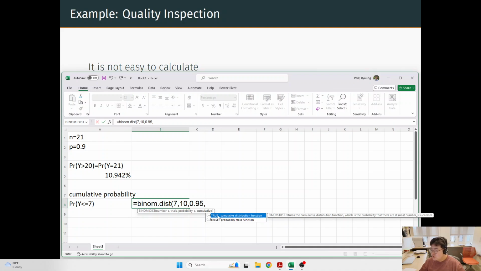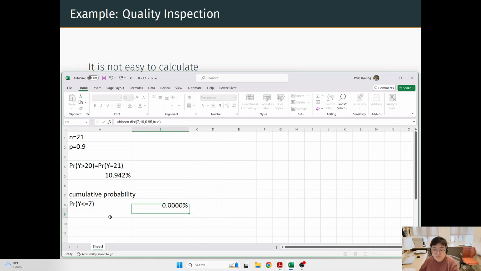If you choose true, then it will return the cumulative probability, which is of this form. We learned cumulative probability in Chapter 3. Cumulative probability is the probability up to 7, including all the smaller values. So if it's true, then exactly this is this probability.